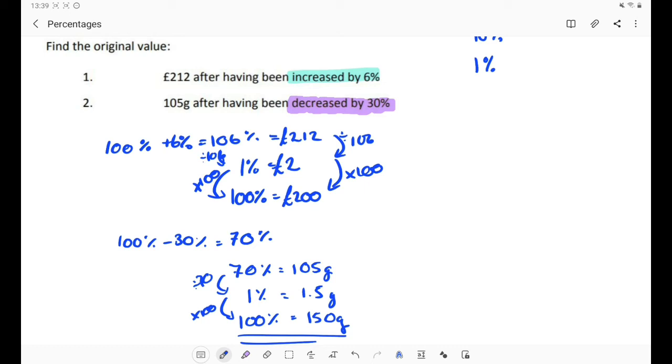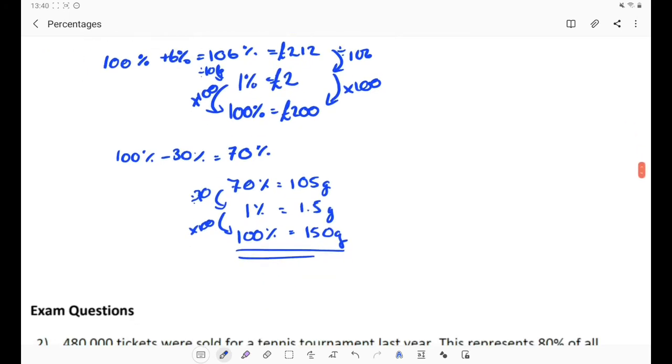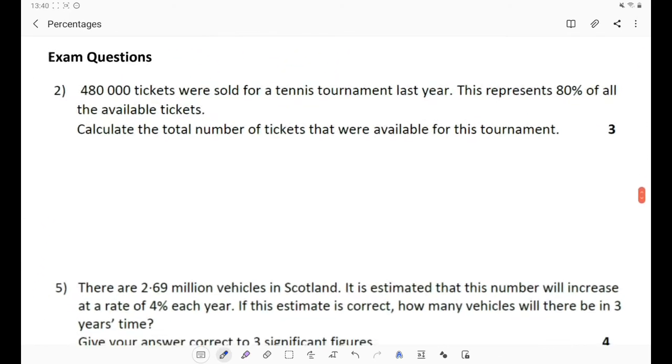Equally, if you're not confident recognizing the first type, the appreciation, depreciation questions, you have to recognize that you are given an amount after an increase has happened or after a decrease has happened. Or you're given an amount and it's really explicitly stated that it is not 100%. An example of that is the first exam question we have here.